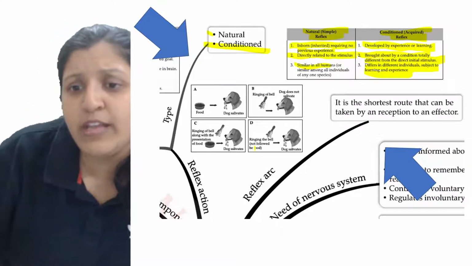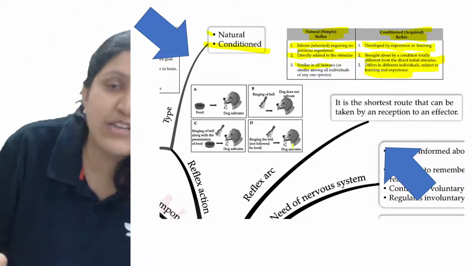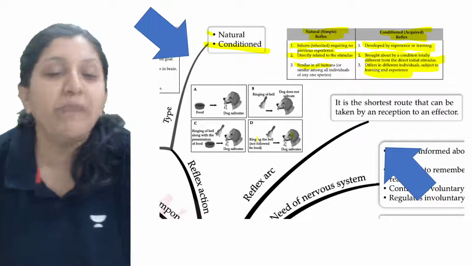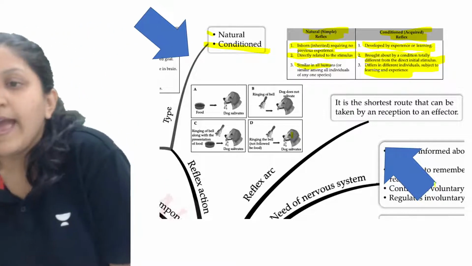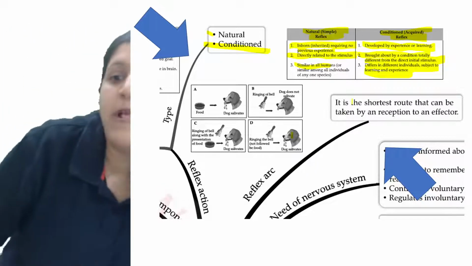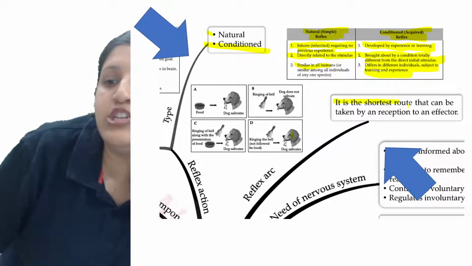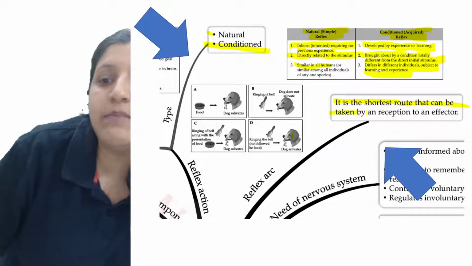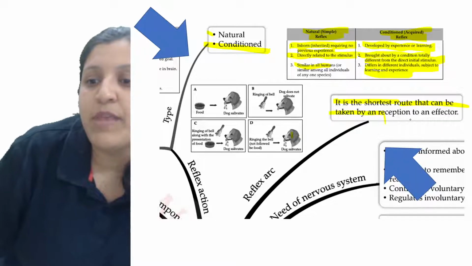The ringing was not followed by food, but the dog still salivated, thinking the food might arrive. Other than that, the reflex arc is the shortest route that can be taken from receptor to effector.